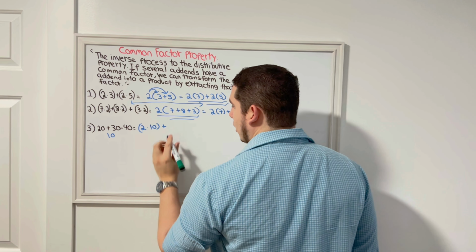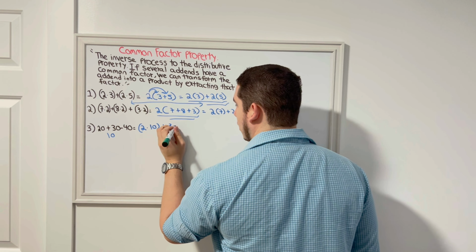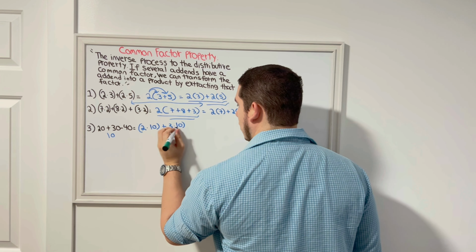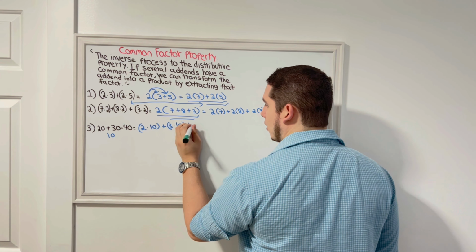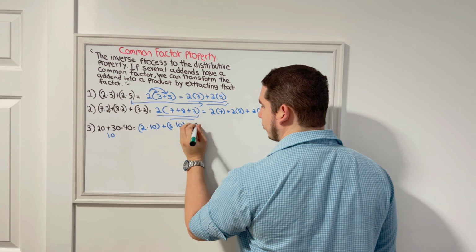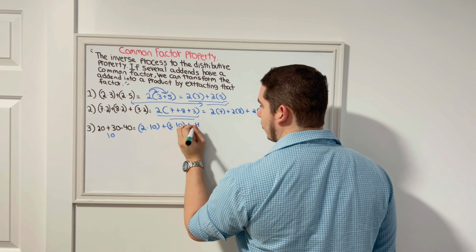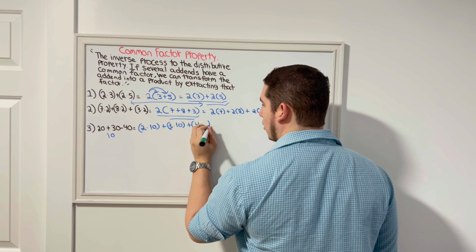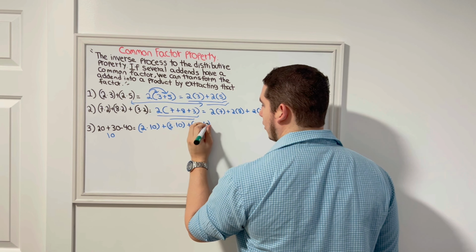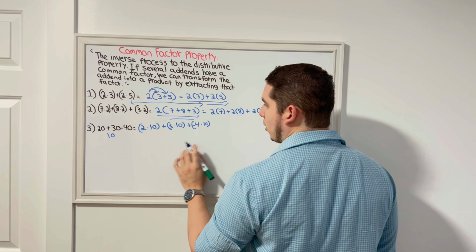equals 20, right? And 3 times 10 equals 30. And minus 4 times 10 equals minus 40.